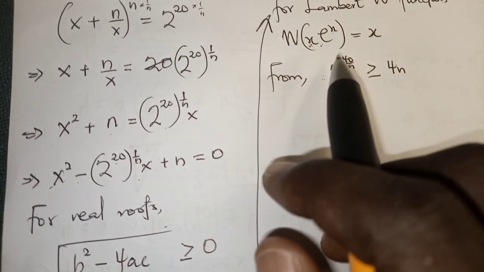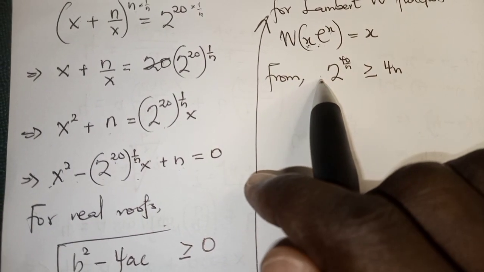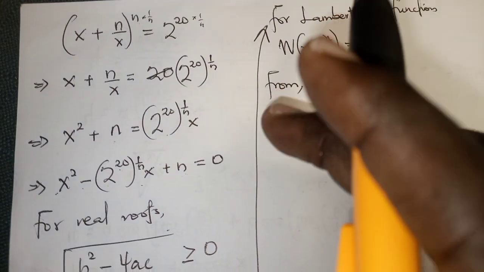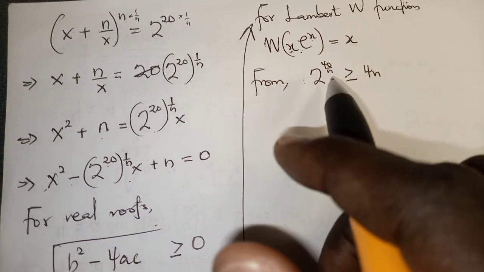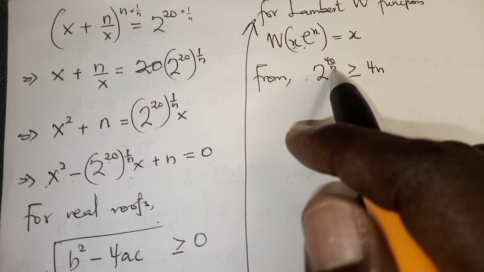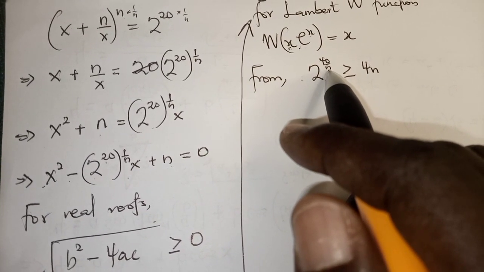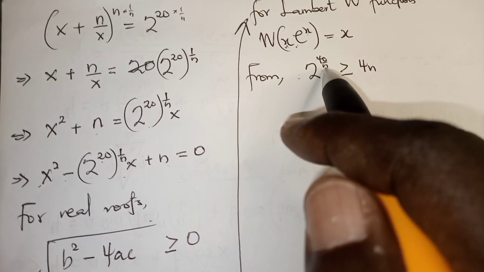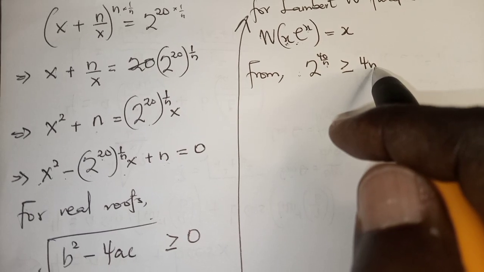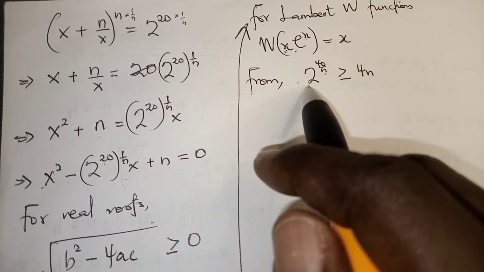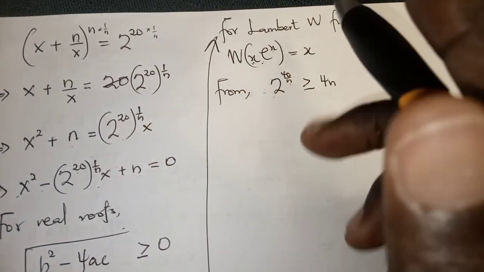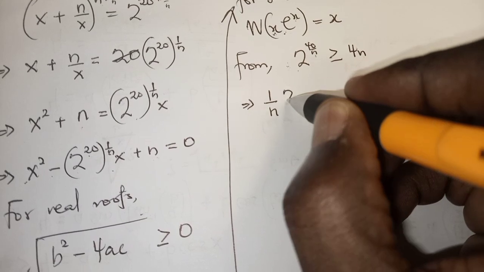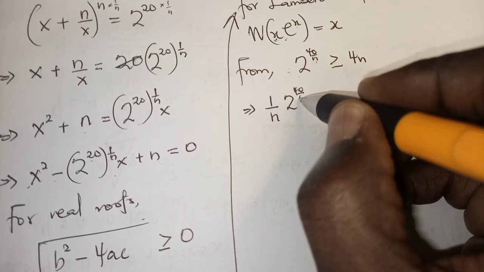Beside the 2, we have a coefficient which is 1, because 1 times any number is still the same number. Now, since the denominator of the exponent here is n, we can make this n a denominator of this. So we divide through by n. We'll be having 1 on n, 2 exponent 40 on n.